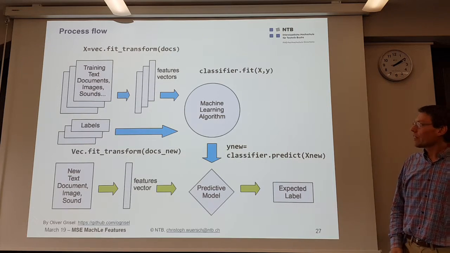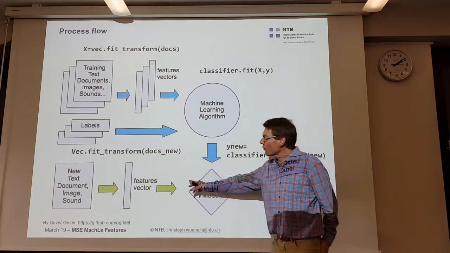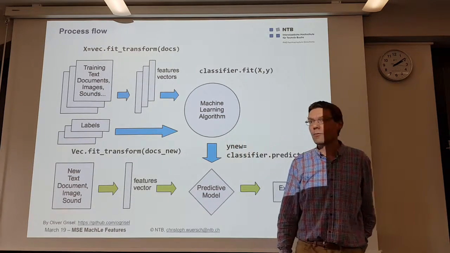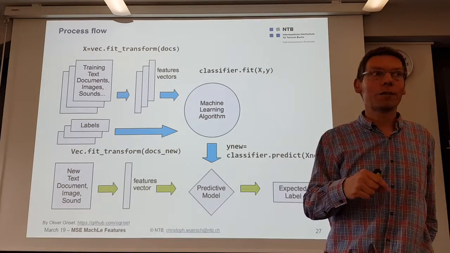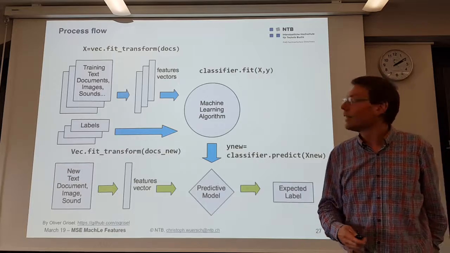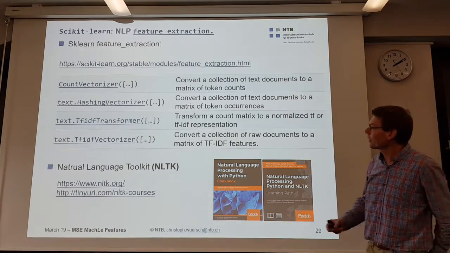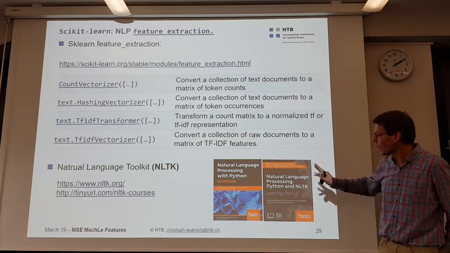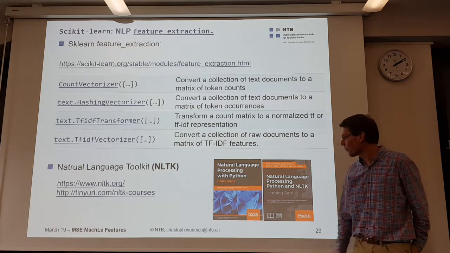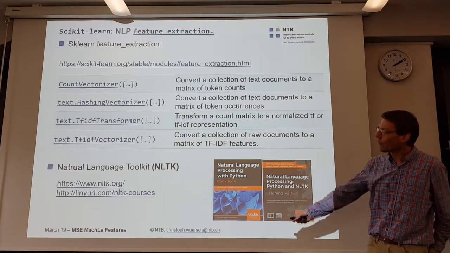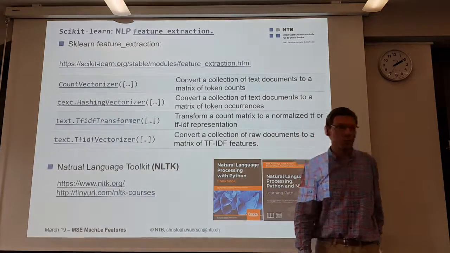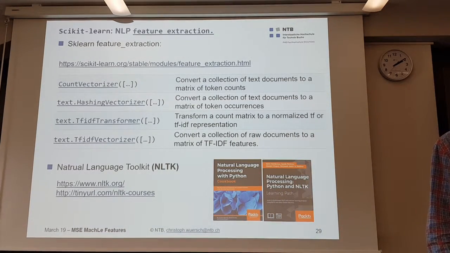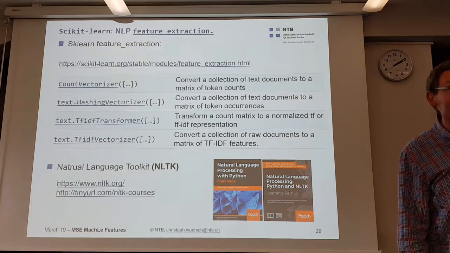Of course, if we have now generated a lot of feature vectors, we have to find a way to select the best. That's where we come into feature selection, and this is the next topic. I just mention here two books from Packt Publishing, and also references to courses specialized in natural language processing.